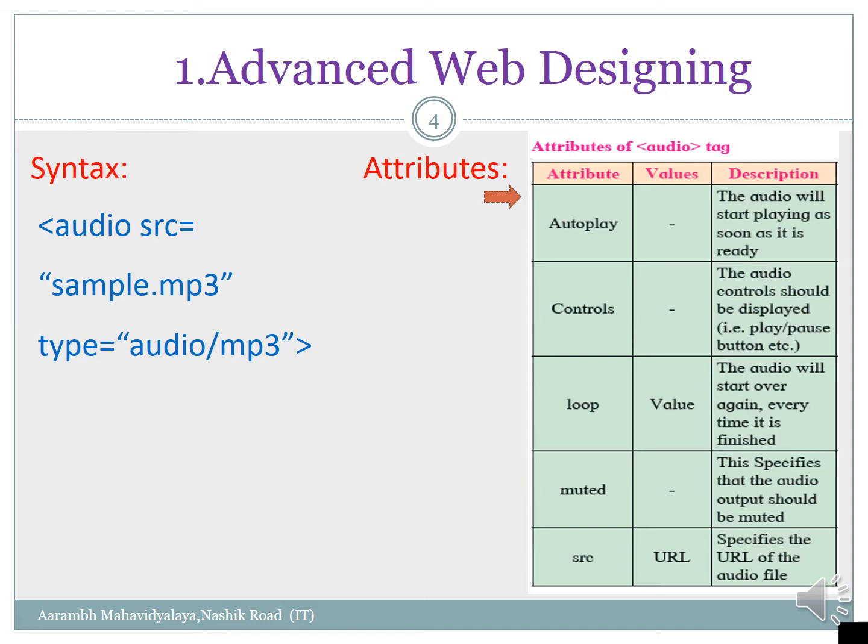Third attribute is loop. Loop indicates how many times the audio file is going to play. Fourth attribute is muted. It means the audio file will not play though it is specified. And fifth and last attribute is the source, which specifies the URL or the location of the preferred file.